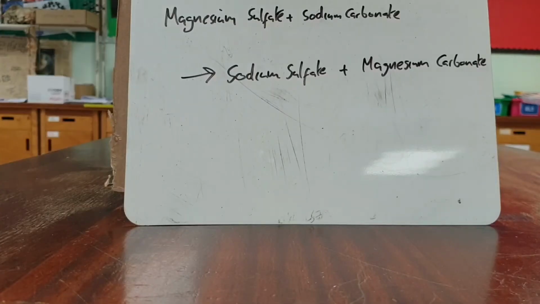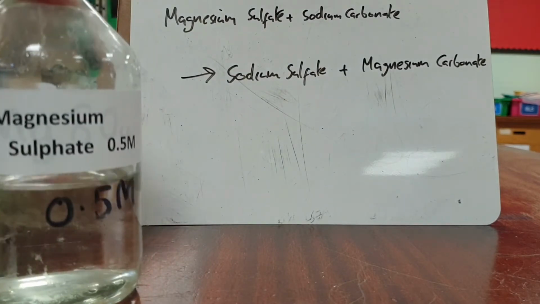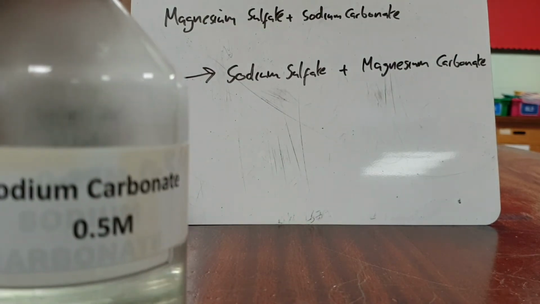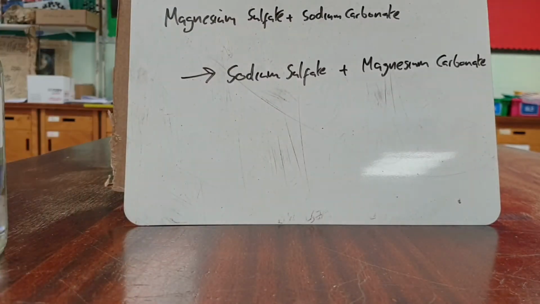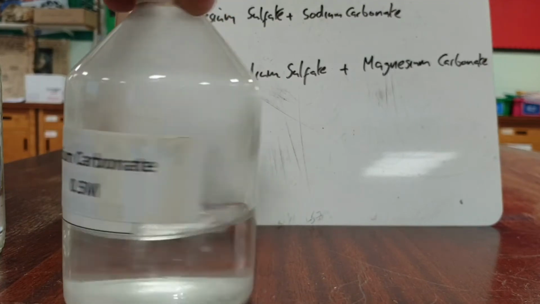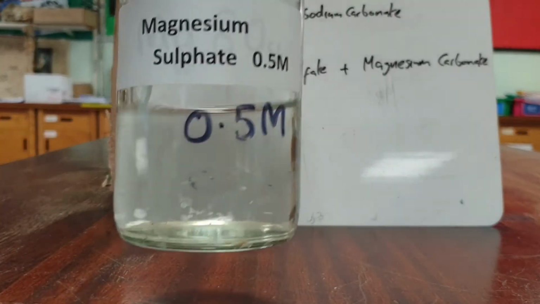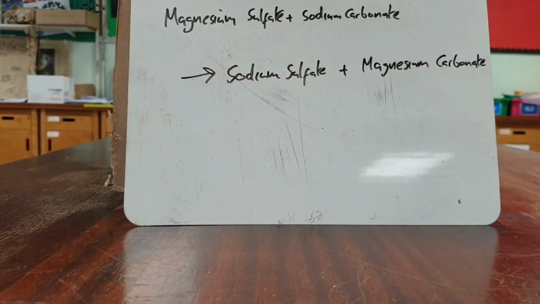Okay, so we've got a slightly different equation here. We've got magnesium sulfate plus sodium carbonate, because I'm going to react magnesium sulfate with some sodium carbonate. If we check our rules first of all, you can tell by looking at it, sodium carbonate is totally soluble, and magnesium sulfate is also totally soluble.